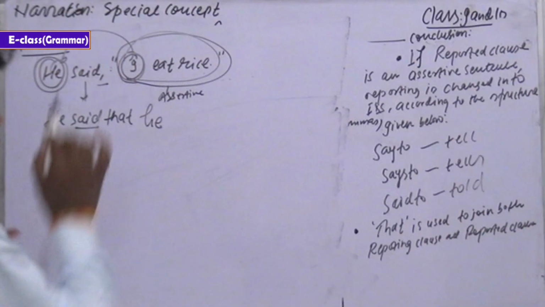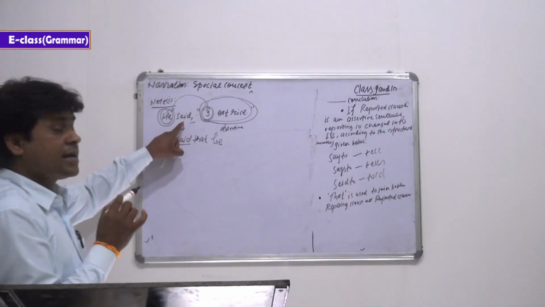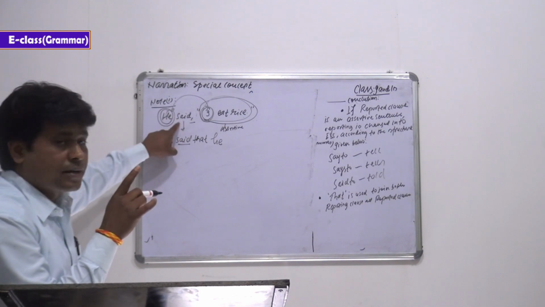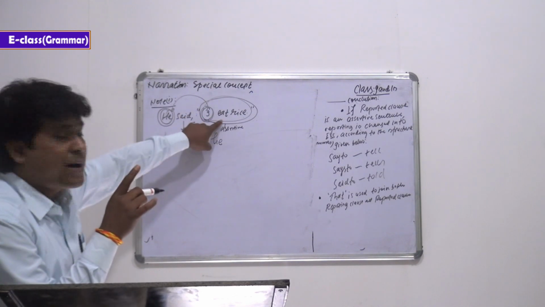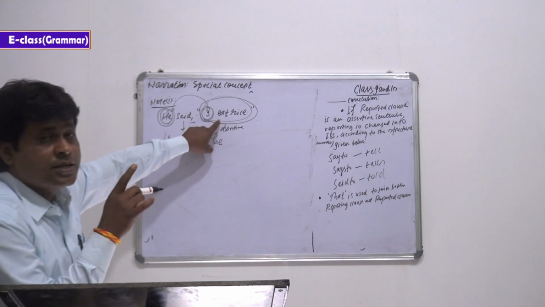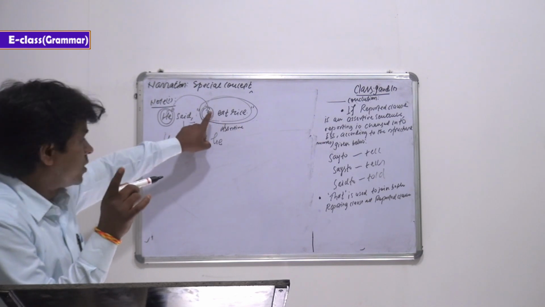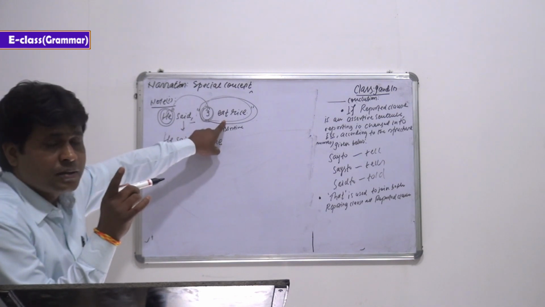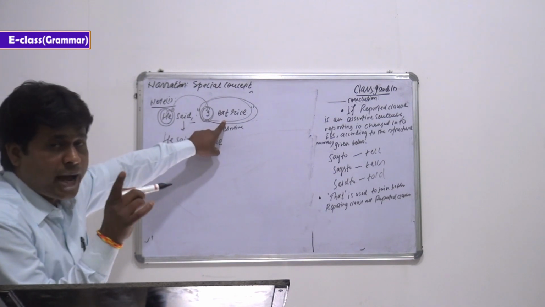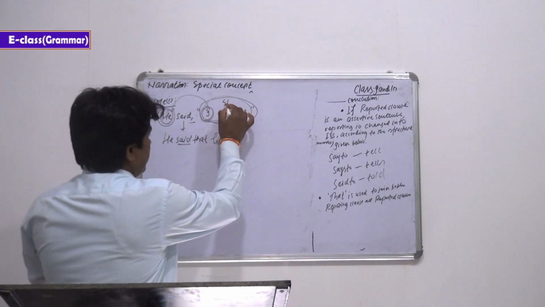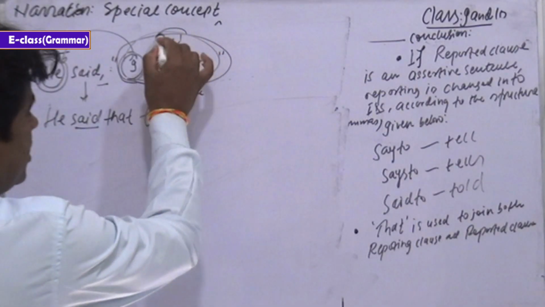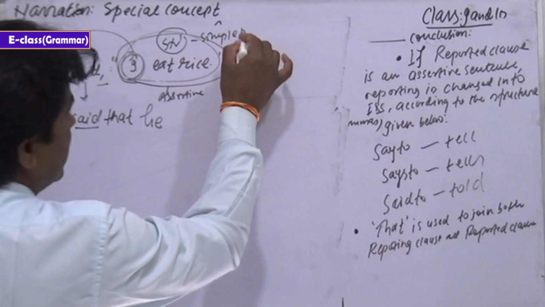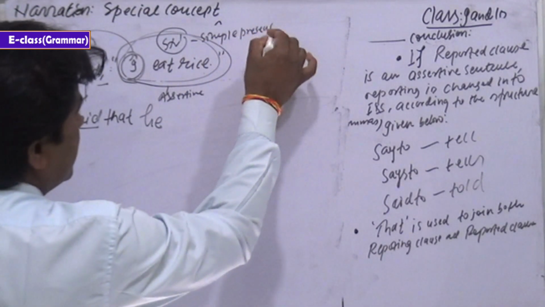He. Now, again, the reporting clause is in simple past here, so we have the corresponding past here. Which tense is this? Simple present tense. Subject plus V1 is the structure of simple present tense.